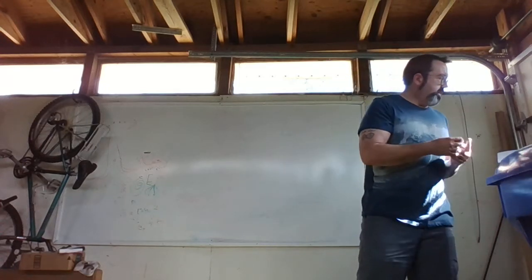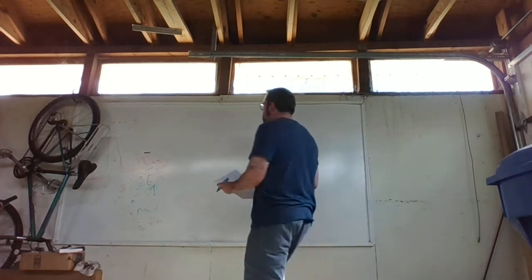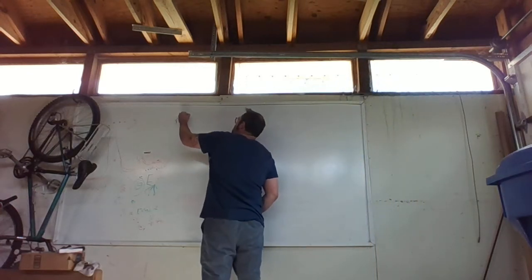So at its very basic, the multiplication rule is the following.